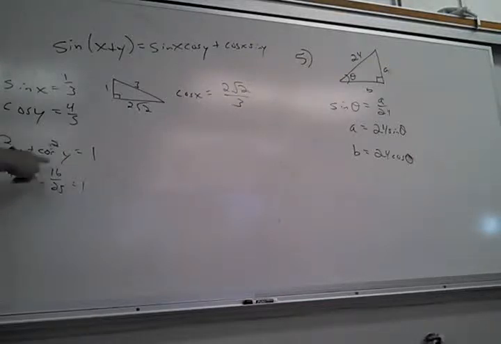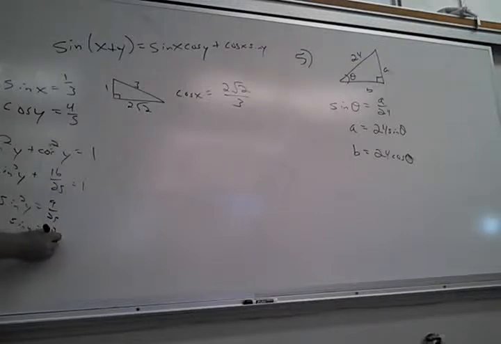This would have to be 9, right? The missing 9, yeah. So it'd be 9/25. So sine squared has to be 9/25. So sine y. And this is why they had to tell me what quadrant I'm in. I know they take the positive one because they told me I'm in the first quadrant. You guys with me? That's key. So they had to tell me that, so at this point I know which sign to take when I take a square root.